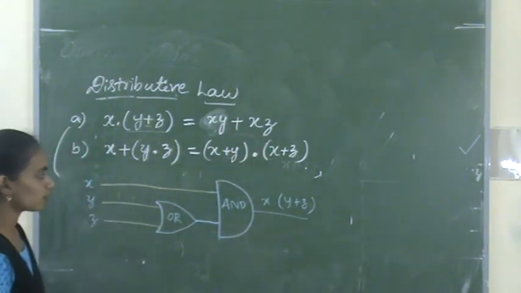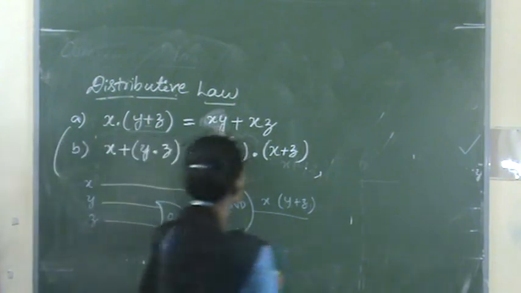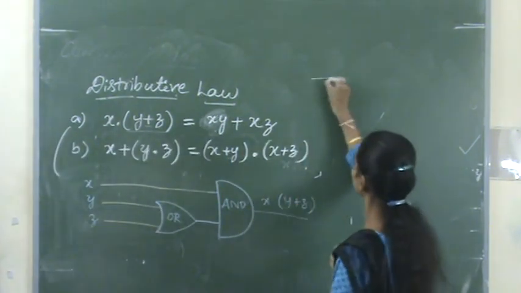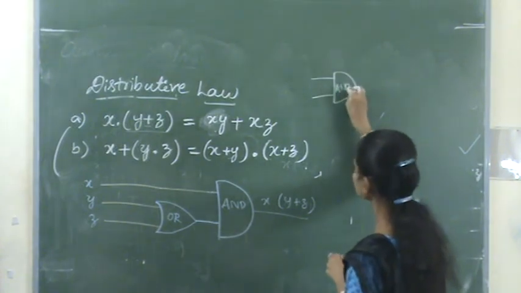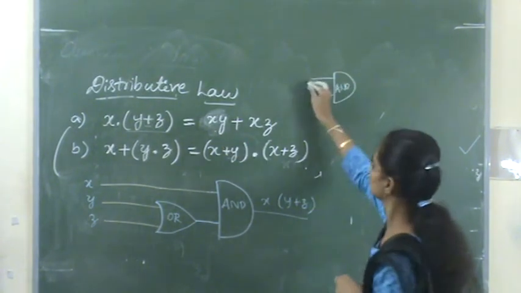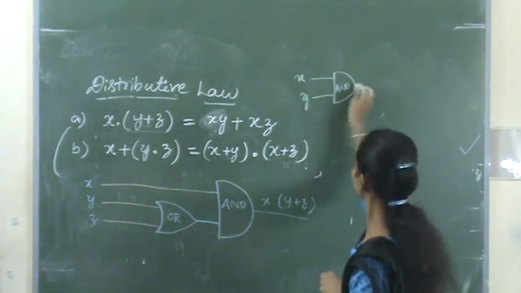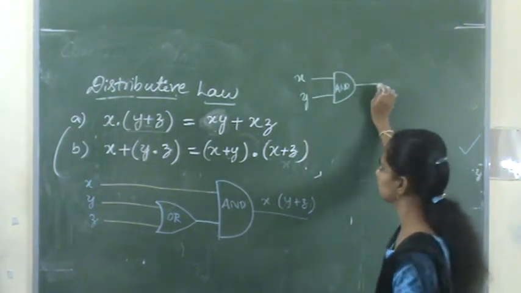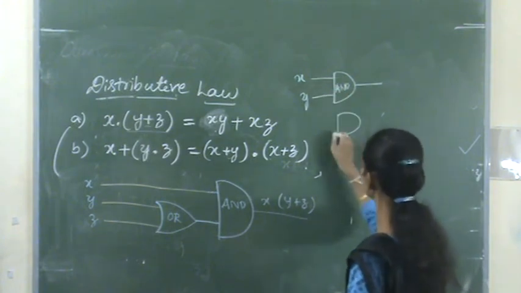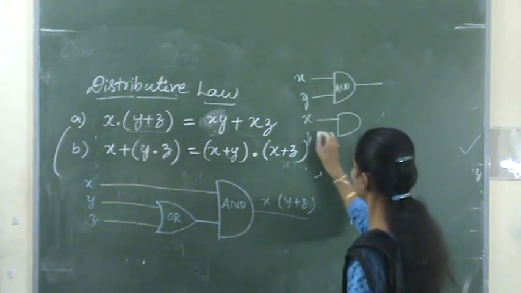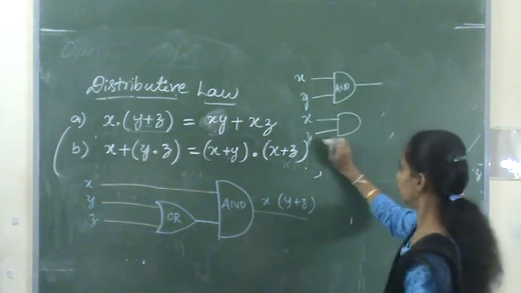So here what are we performing? We are performing AND operation, right? For this is x and this is y, right? So you can take x from here also, or you can provide another x also.